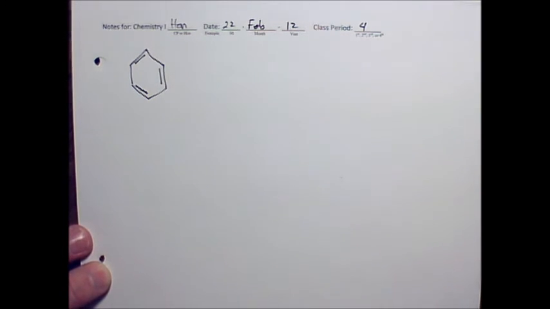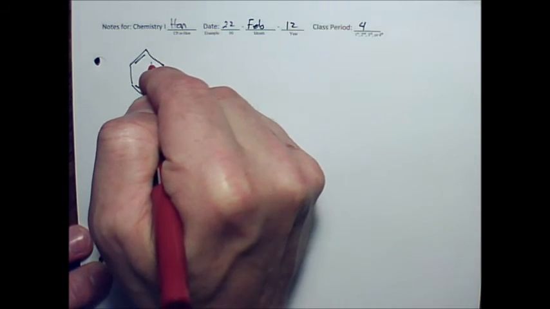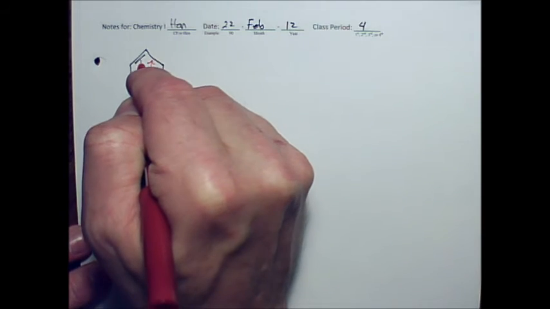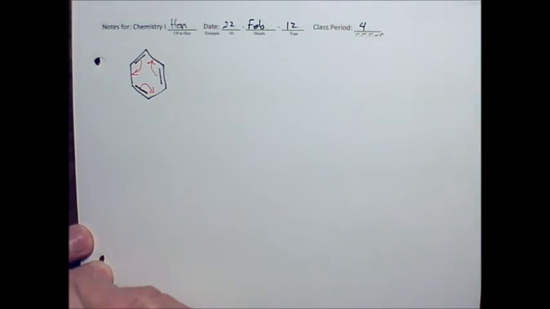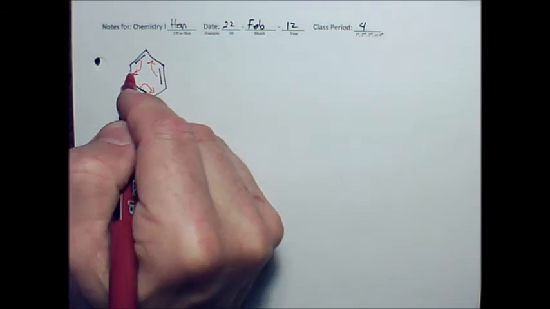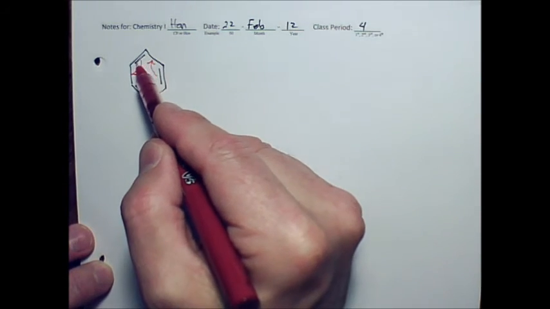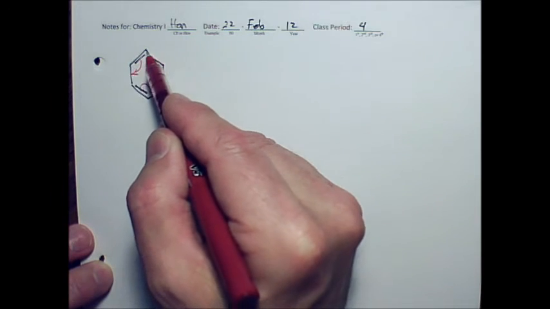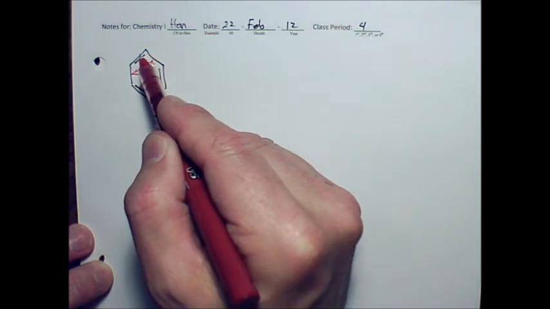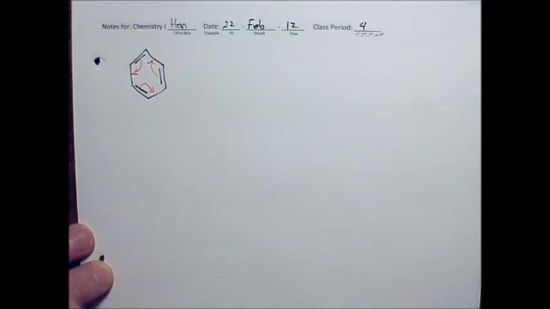Well, these double bonds are bouncing around this structure, and we have a resonance structure. So the electrons in this double bond aren't fixed between these two carbons. They're going through this whole structure. It's a delocalized pi bond.